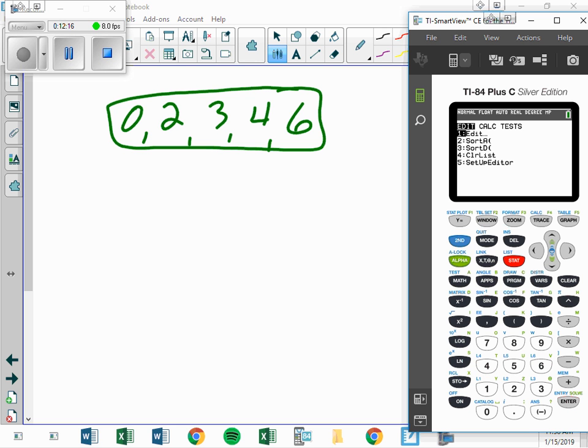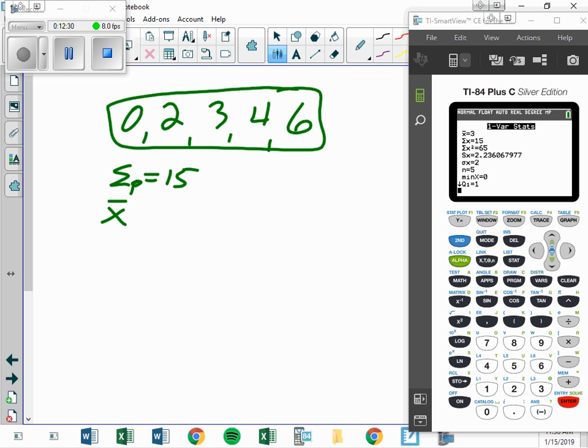One variable stats. And I end up with the sum of the box, 15. The average of the box is 3, and the SD of the box is 2, and my draws are 100.